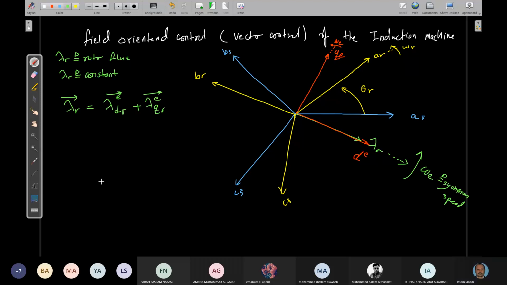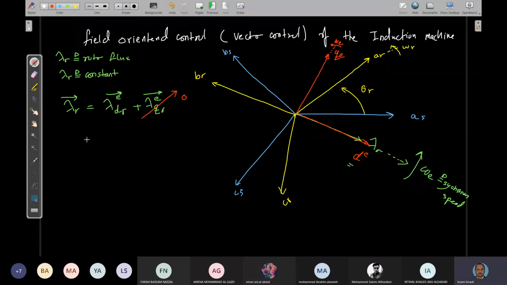Correct? Yes. Okay. Now, due to my assumption that all the rotor flux is pointing toward the d-axis, simply this means that lambda QR is equal to what? 0. Yes or no?